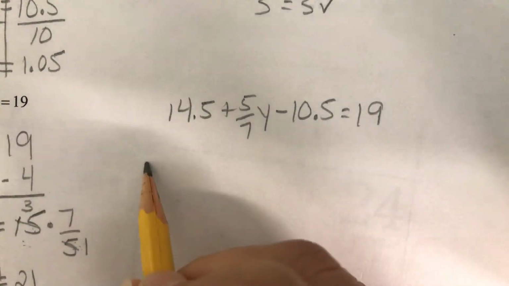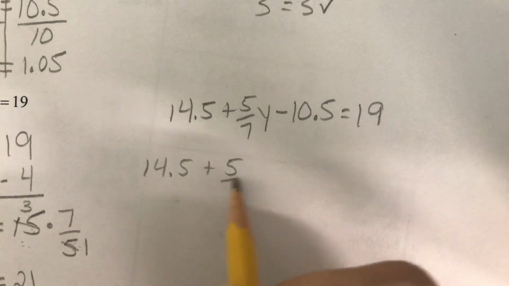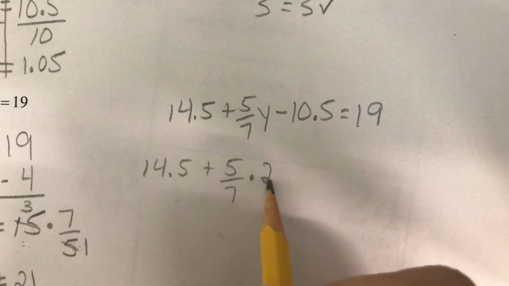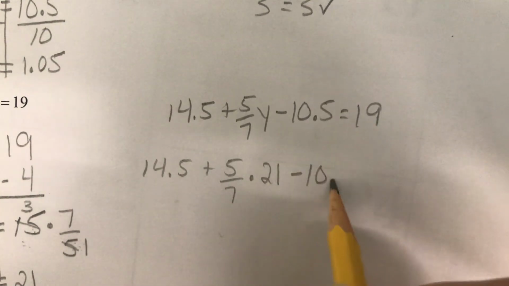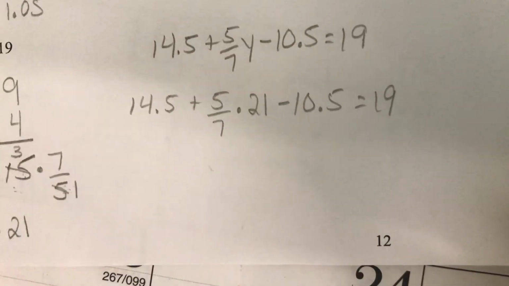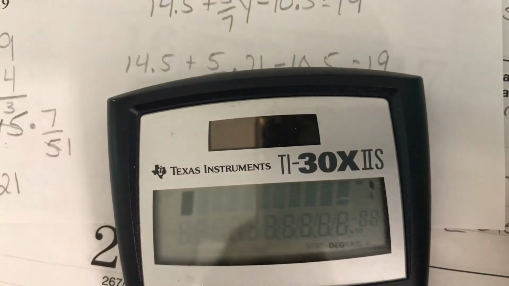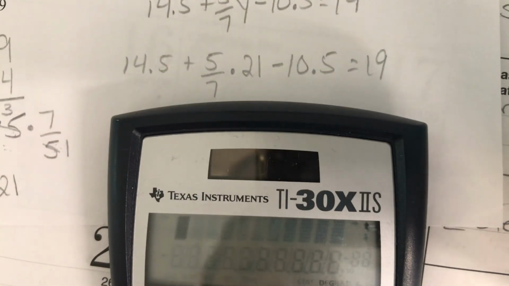So I'm going to check my work. 14.5 plus 5/7 times 21 minus 10.5 equals 19. Review that fraction button here.